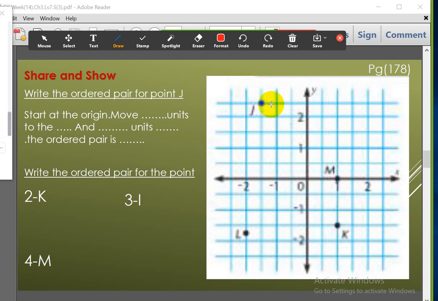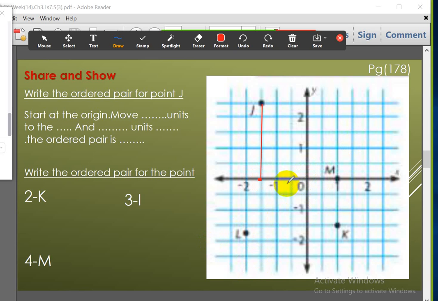I told you to find the x coordinate. To find J's coordinate, I have to take a vertical line, so it will cross or intersect the x-axis like this. So it will intersect the x-axis at a point. If I want to find this x coordinate, I have to count.